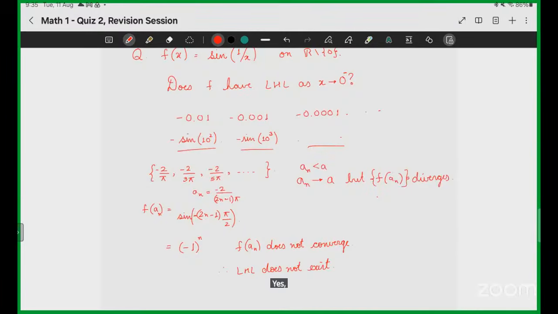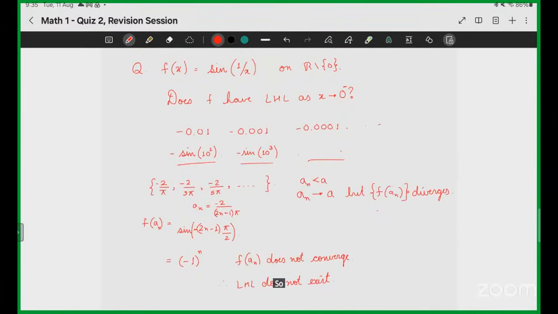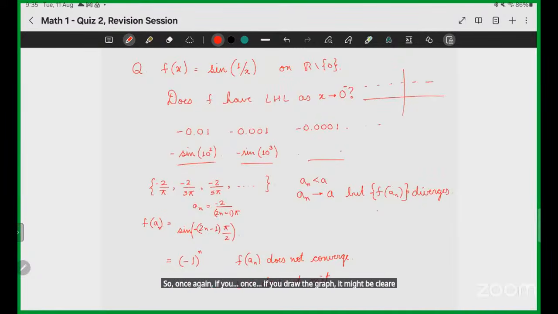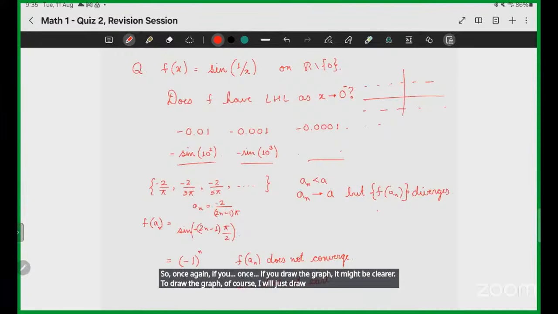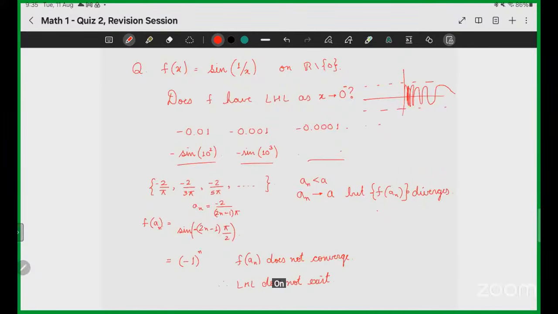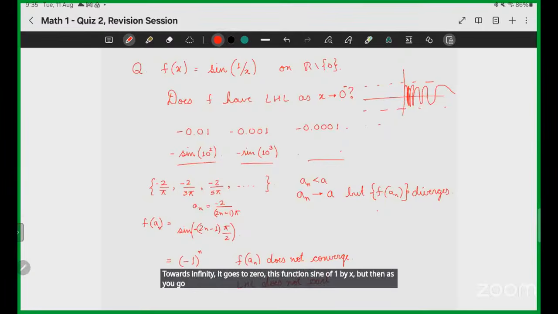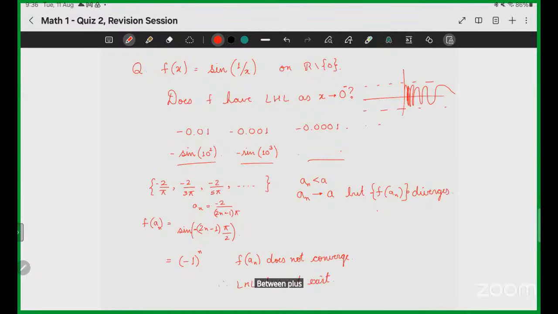Yes, sir. So once again, if you draw the graph, it might be clearer. Of course, I will just draw a very rough graph. You guys go and do it on any graphing software. Towards infinity, the function sine of 1 by x goes to 0. But as you go closer and closer to 0, it rapidly oscillates between +1 and -1.